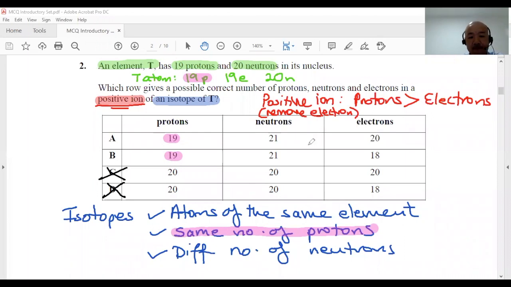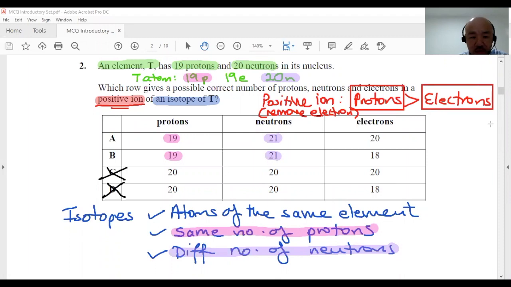Let's go. Then, being an isotope, it must have a different number of neutrons. So the number of neutrons in the element T is 20. So right now, your neutrons cannot be 20. It must be 21. Okay, which again doesn't get us to solve it. We are still at A or B. So we still need one more step, which I believe is the one in red, whereby the number of protons must be more than the number of electrons.